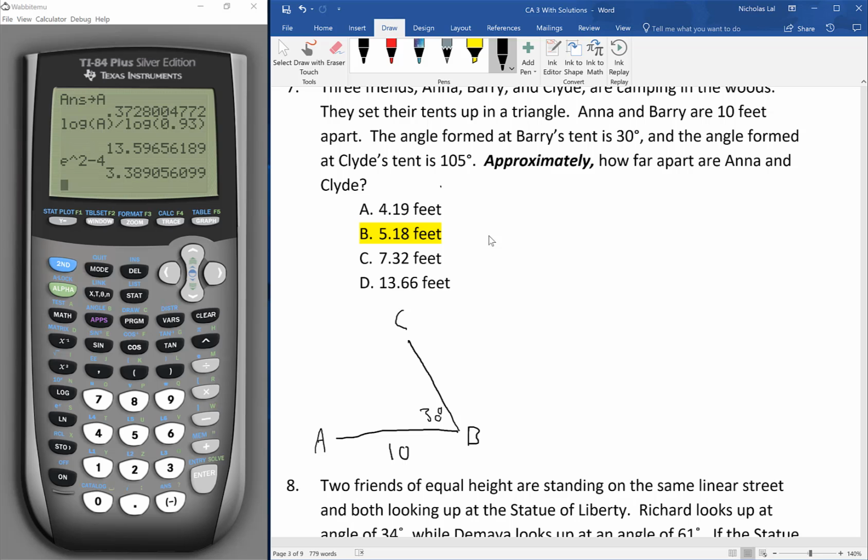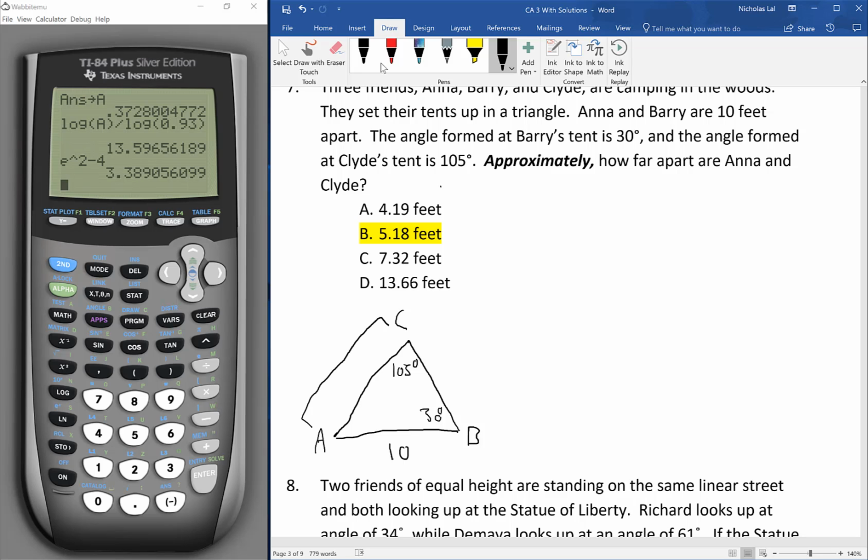And the angle formed at Clyde's tent is 105 degrees. Approximately how far apart are Anna and Clyde? So we need to find this length right here.